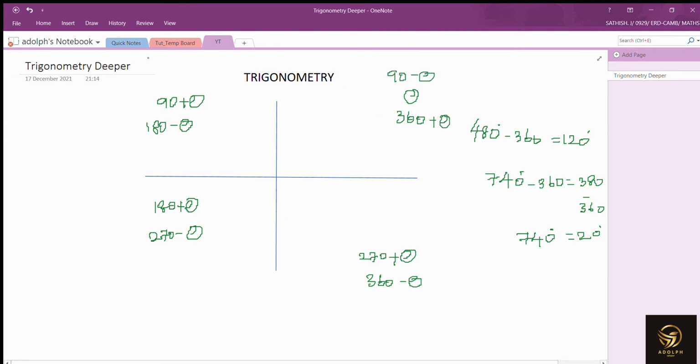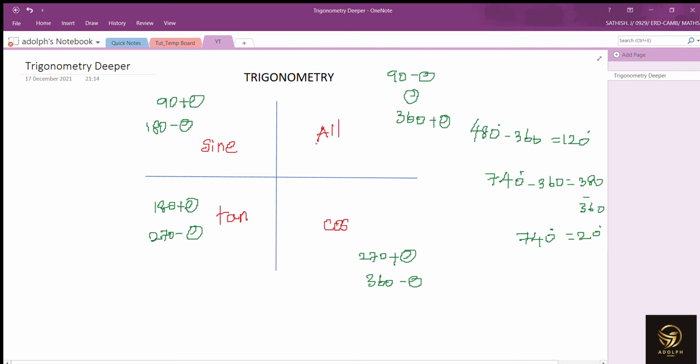Let's see how the trigonometric ratios give values in these four different quadrants. In the first quadrant, all the ratios give positive values. In the second only sine gives positive, in the third quadrant only tan gives positive, and in the fourth quadrant cos gives positive. How it works we will see in detail.